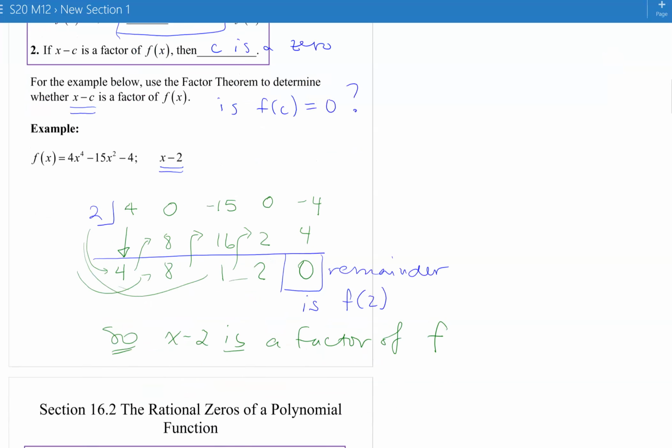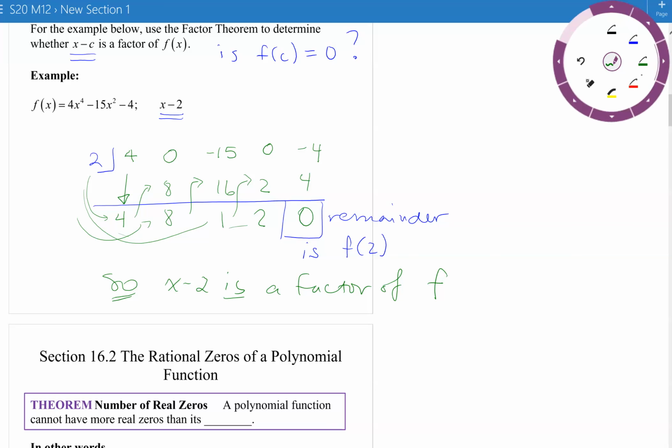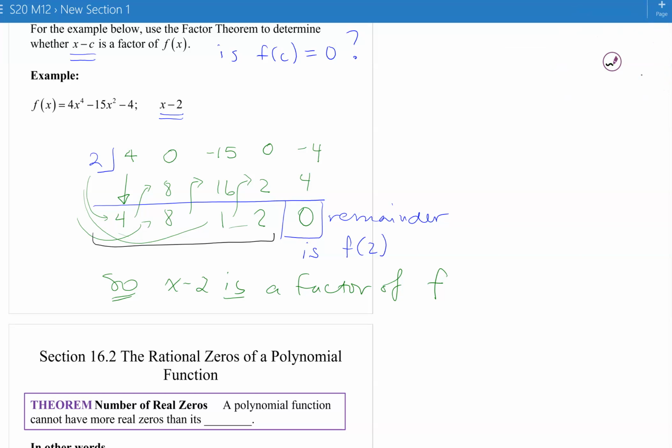of f. And in fact, if we look at the depressed equation represented by the last row of numbers besides the remainder, the 2 is the constant, 1 is the x coefficient, 8 is the x squared coefficient, and 4 is the x cubed coefficient.